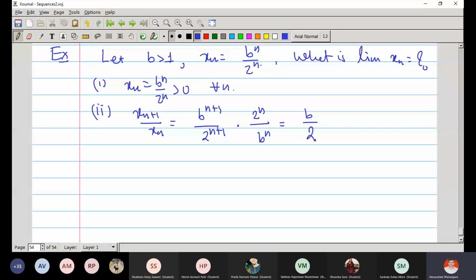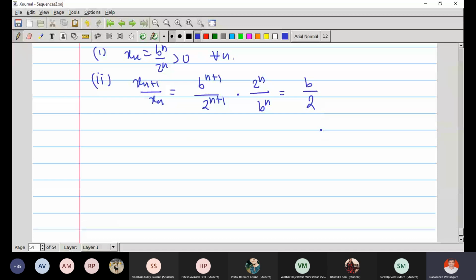Okay, what is this limit? Now it is a constant independent of n. Therefore, the limit of xn plus 1 upon xn is b by 2.